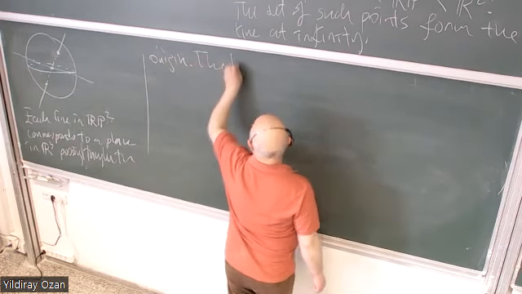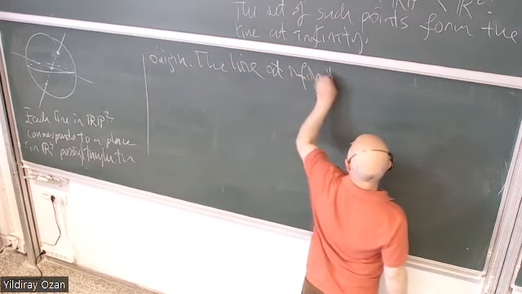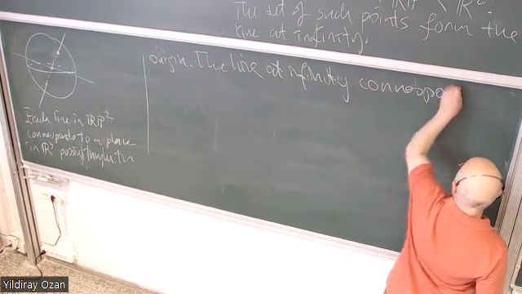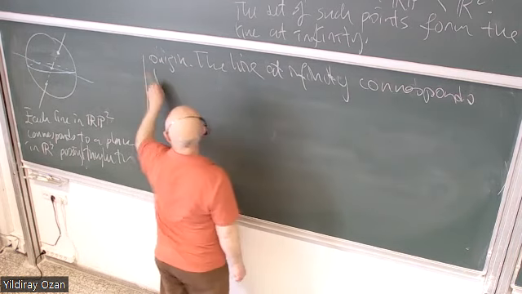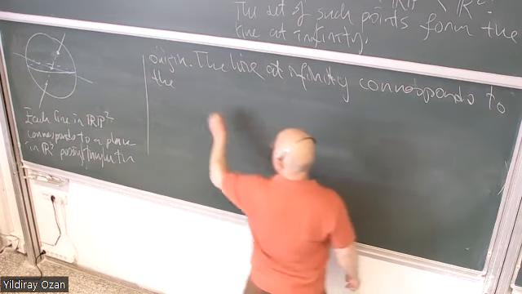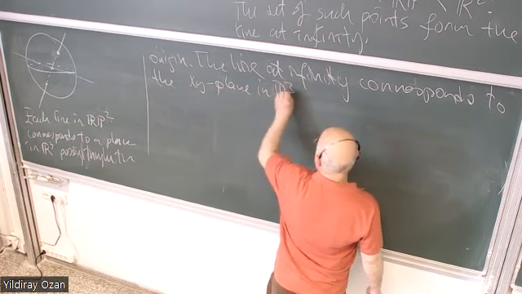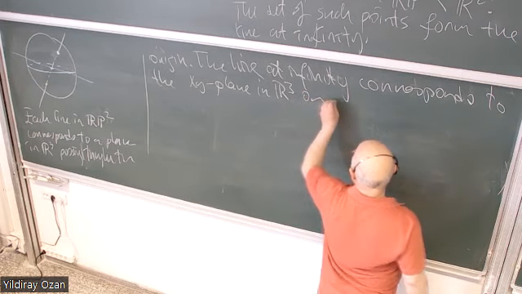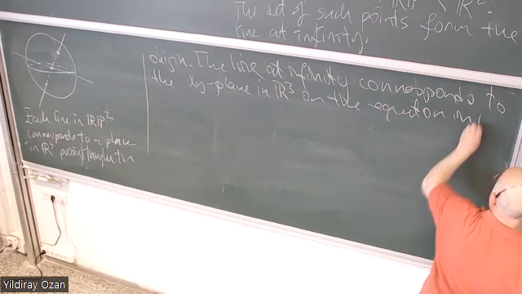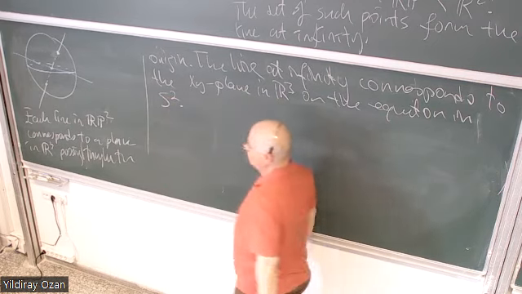The line at infinity corresponds to the xy plane in R3, or the equator in this sphere model.